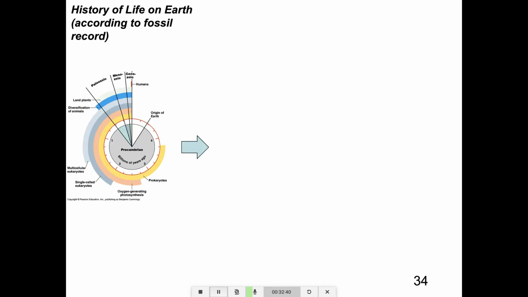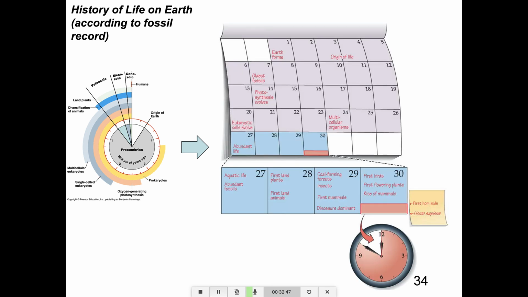So if we were to take this same geological time scale of these major evolutionary events, and we were to squeeze them onto a 30-day calendar, this is just to give you an idea of deep time and how much time has passed and how long humans have been around. If we put Earth forming on day 1 and then the 30th day on the calendar is present day, and we zoom in to the last day, we see Homo sapiens popping onto the scene in the very last 10 minutes.